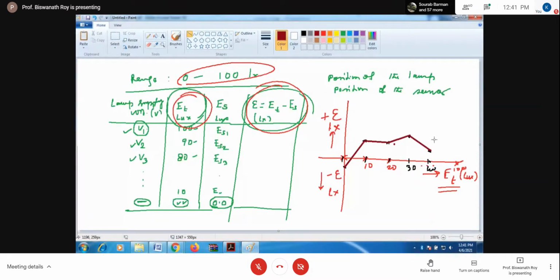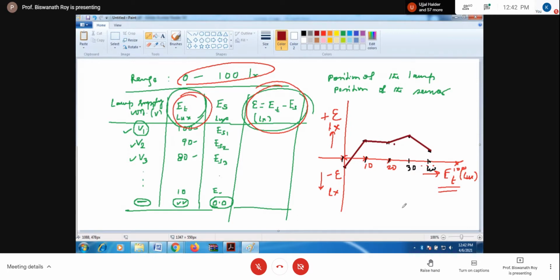This calibration curve helps us find the error in between the values of the tabulated data. You see all the in-between points are connected with a straight line. So to get the in-between error corresponding to the in-between values, linear interpolation is taken. Okay, so this is the calibration chart.